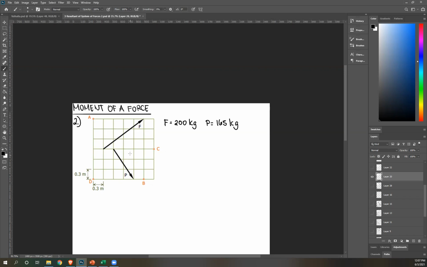Same thing with P. If we try to take the moment of P about, let's say, point C, we need its perpendicular distance, which is a bit harder to solve for because all we're given are the x and y distances from this matrix. So once again, we're using Varignon's theorem. That means we need to get the x and y components of our forces F and P. So let's start with that.